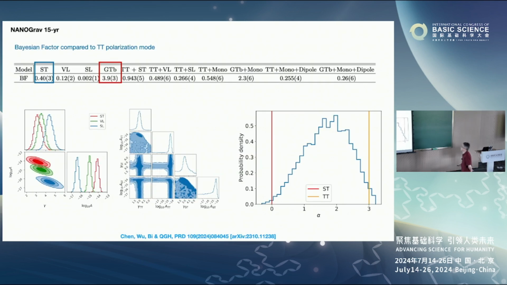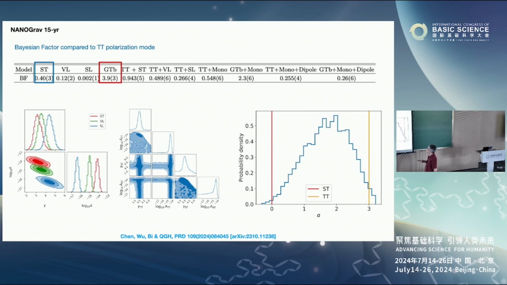So we also did the data analysis. We find in the NANOGrav 15 years dataset that the scalar transverse modes have a comparable Bayes evidence compared to the TT modes.